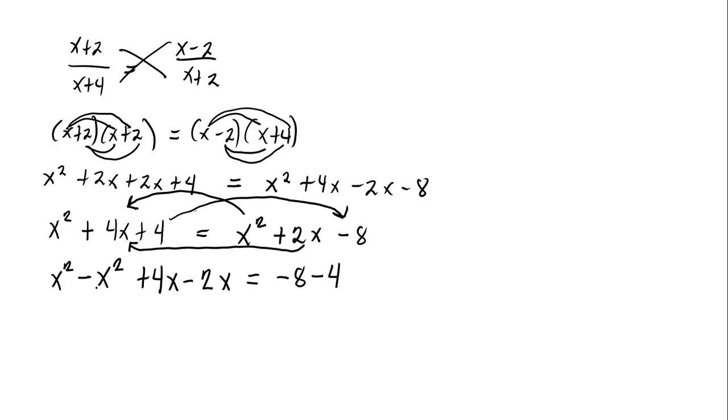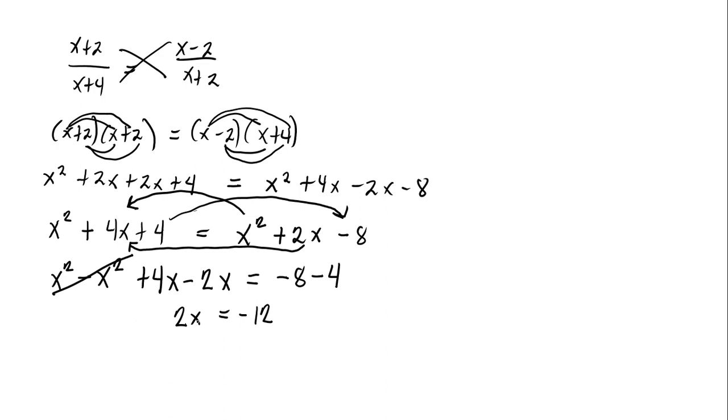And then, solve. As you can see, this is x squared minus x squared, which is equal to 0. So we can cancel it out. And then solve for the value of x. 4x minus 2x. 4 minus 2 is 2x. Is equal to negative 8 minus 4. That is negative 12.